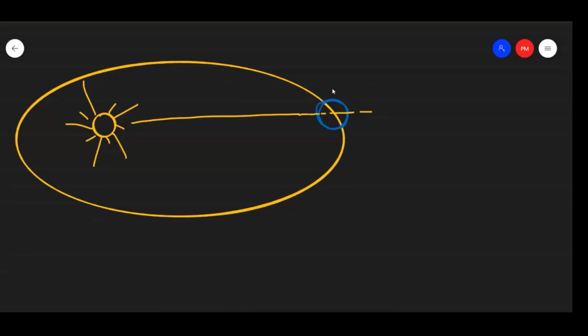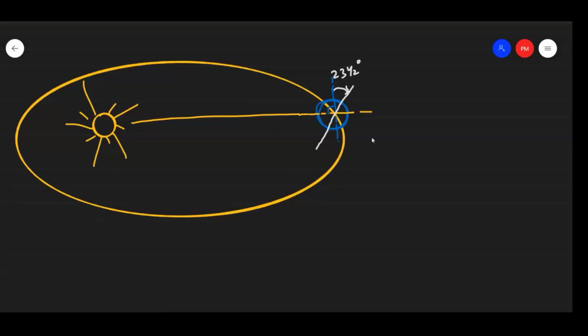This should be a straight line, but instead of straight, Earth is tilted at an angle of 23.5 degrees to the normal. Now, this 90 degree, this is normal to the orbital plane.